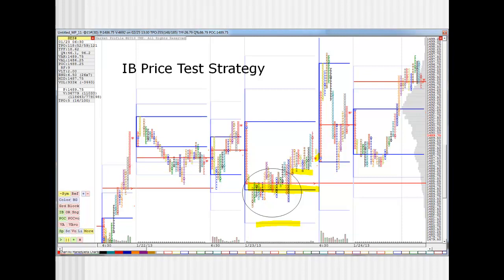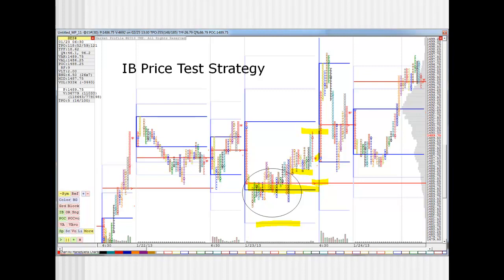I should be comfortable in taking a long the following session. Possibly prices would come back for a retest here, but if they don't, I would be comfortable taking a long at any point that we exceed the high that we were at there.